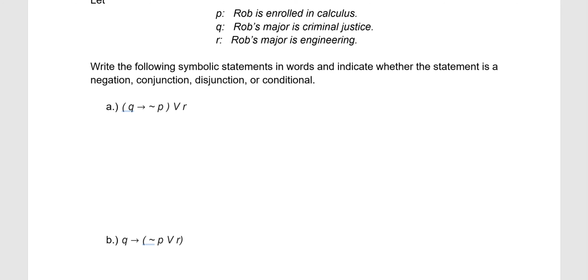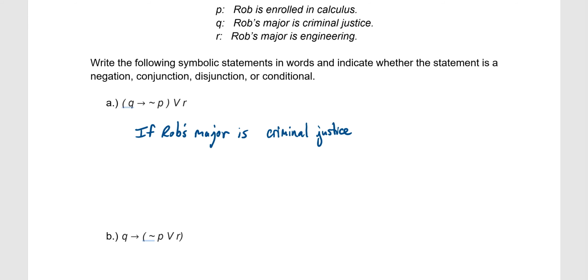So we're going to start it as if Rob's major is criminal justice, then not P. So the negation of statement P is going to be Rob is not enrolled in calculus. So if Rob's major is criminal justice, then Rob is not enrolled in calculus. So that's what was in parentheses.